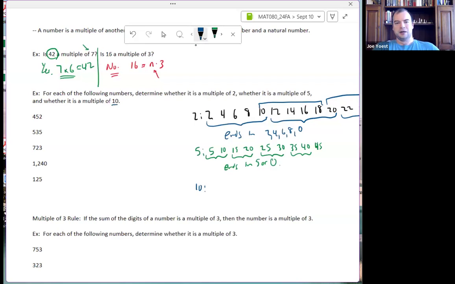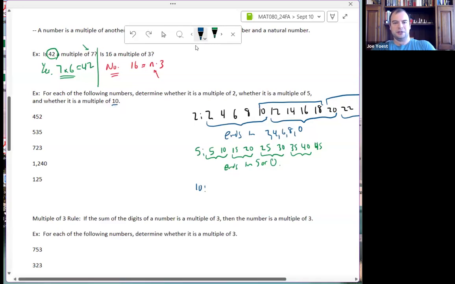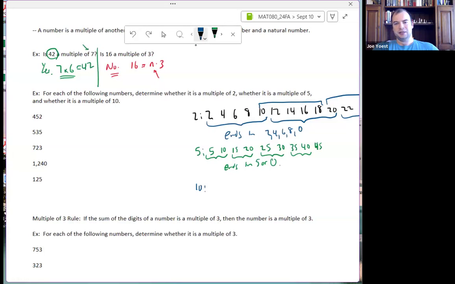And then if we look at our multiples of 10, if we look at our 10 times table, it might not be on the times table that we have, but we know that 10 times 1 is 10, 10 times 2 is 20, 30, 40, 50, and so on.